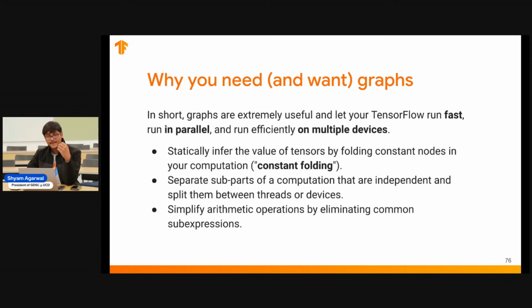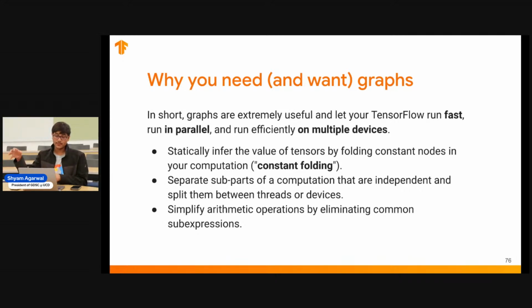They're also easily optimized, allowing the compiler to do transformations. So, for example, statically infer the value of tensors by folding constant nodes in your computation, which is called constant folding. We don't need to understand them, but the idea is to understand why the creators of TensorFlow chose graphs as a representation, with tensors flowing between these different operations. Separate subparts of a computation that are independent and split them between threads or different devices, right?